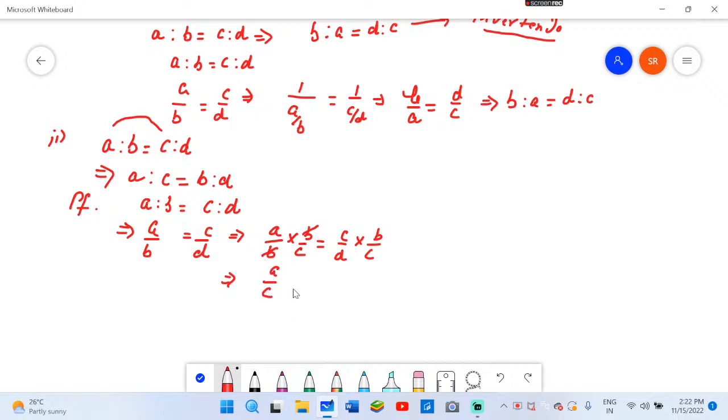What remains? A upon C. Here D is cancelled. What remains? B upon D. This I can write as A is to C is equal to B is to D.